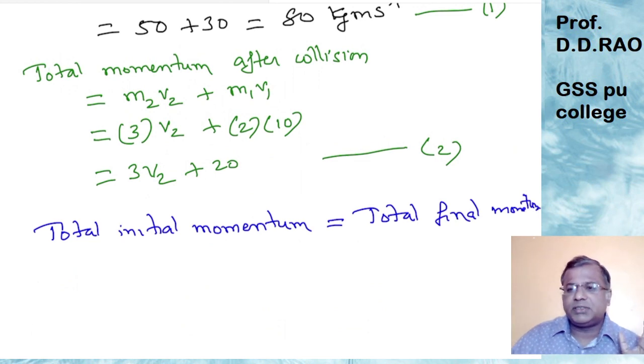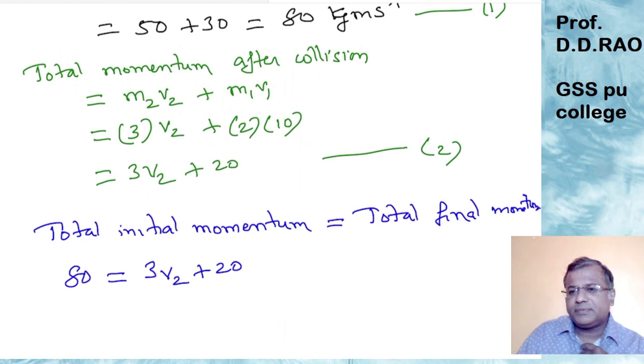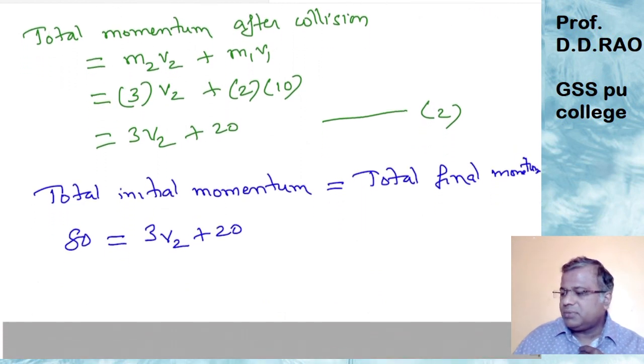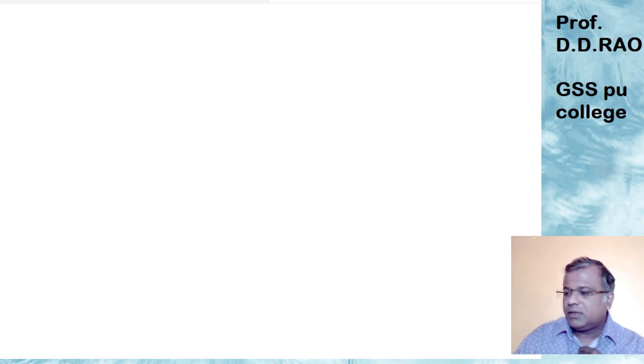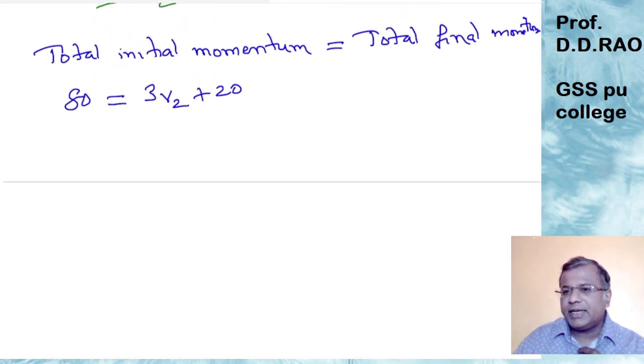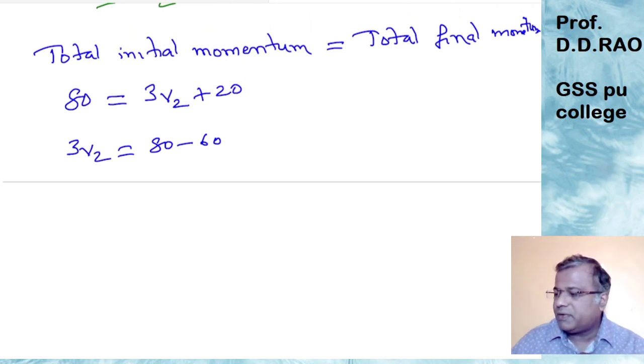That should be the situation. Okay, so total initial momentum is 80, that is equal to 3 v2 plus 20. So from this, what we can get over here is 3 v2 equal to 80 minus 20.